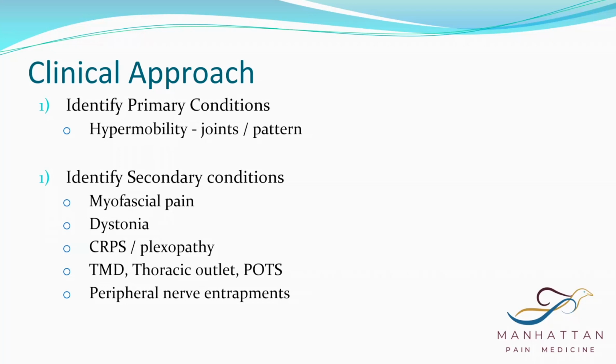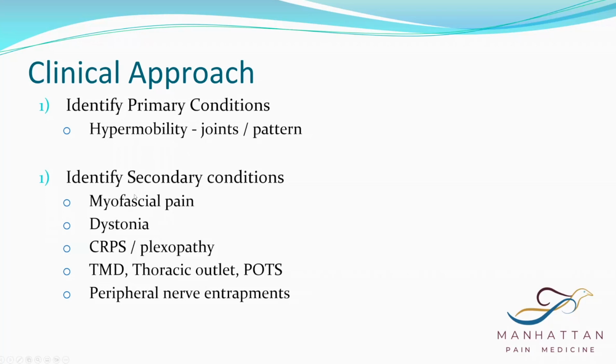So there's often a lot of buildup or snowballing that happens because we don't see this when it's brand new. It's been going on for several years. And secondary and tertiary conditions sort of build up as a result of it. So we're trying to identify which joints are really the primary joints where the hypermobility is being affected and start with that. And then identifying the secondary conditions.